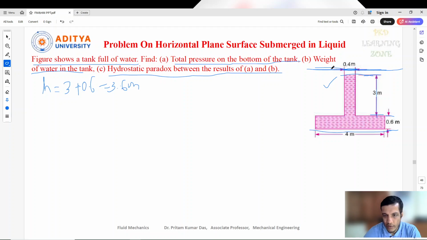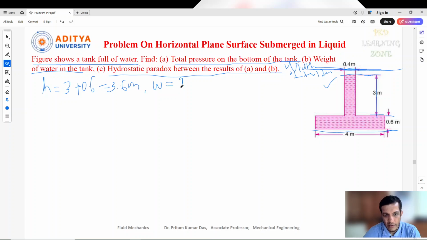One more width is given, actually, that is not mentioned here. The width of the tank is 2 meter, so that's supposed to be in the question. That part is missing.